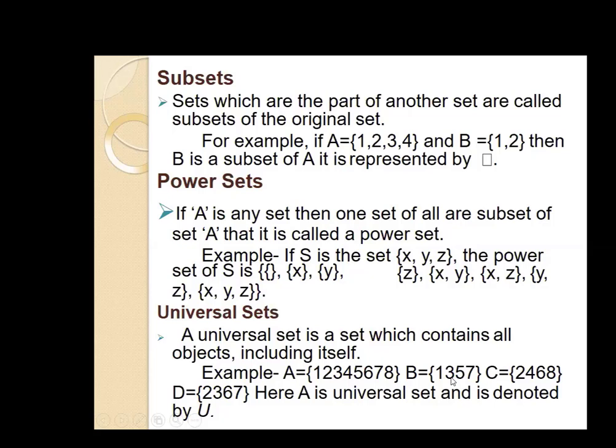Because the objects contained by B are also part of A. The objects contained by C are also part of set A. In the same way, the objects contained by set D are also part of set A. So the biggest set over here is A, so it becomes the universal set, right?